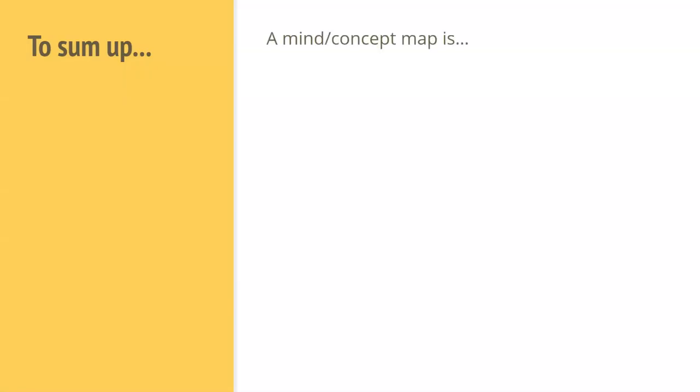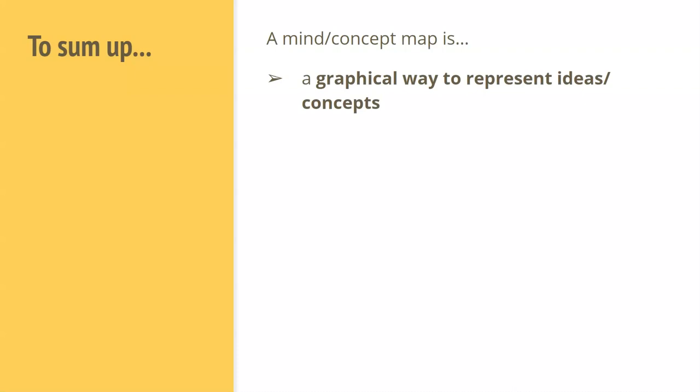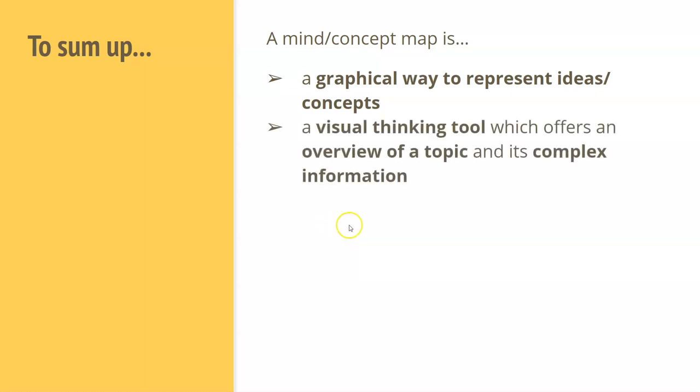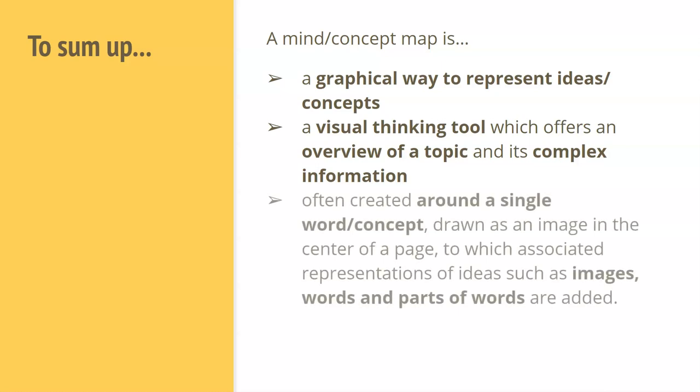So to sum up, a mind map or concept map, we're not going to get into the details, but there is a difference between one and the other. But let's talk about them as if they were the same thing, because after all, both of them are graphical ways to represent either ideas or concepts. They are visual thinking tools which offer an overview of a topic and complex information.